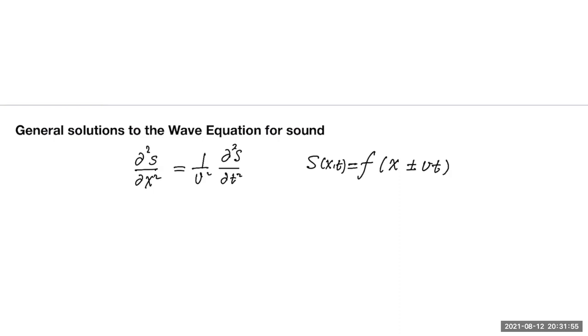But in this case, you can put any differentiable function in it, and they all satisfy this equation. You don't have to believe me. You can review what we derived in chapter 16, or you can start from scratch and do your own derivation. Just define a new variable u equal to x plus or minus vt, and then take the derivative. You differentiate twice on both sides to get the second derivative, and they will match.